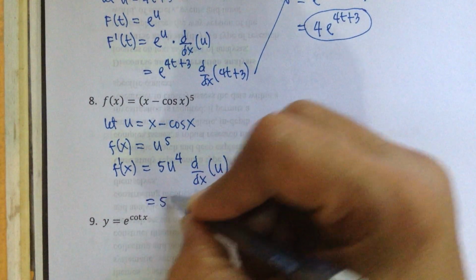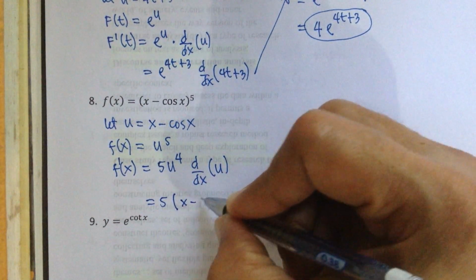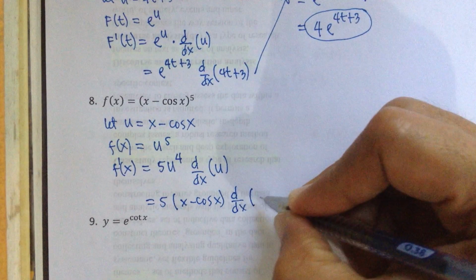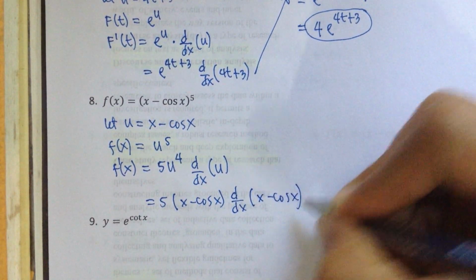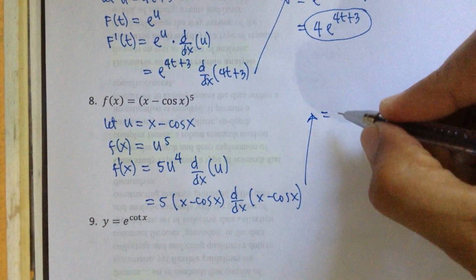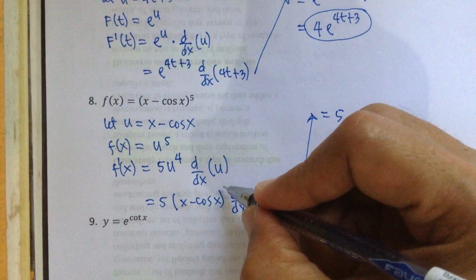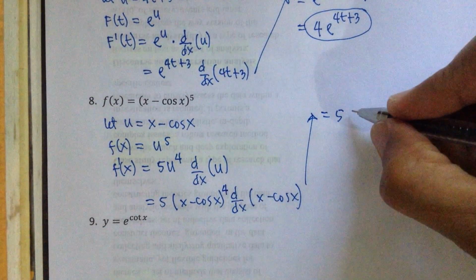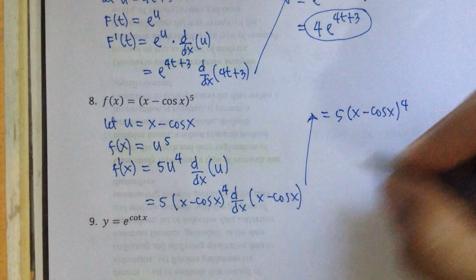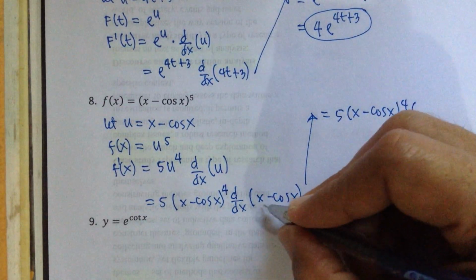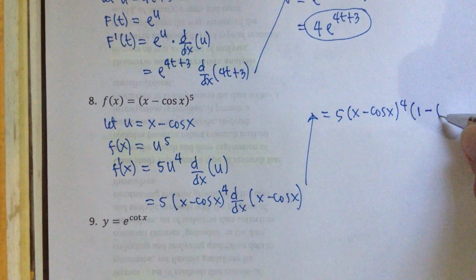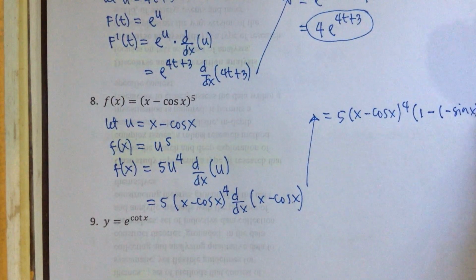So we can write this as 5. Let's put back the u, (x minus cosine x), times the derivative of your u, which is x minus cosine x. Sorry, I forgot to indicate the exponent here, so you have 5 times (x minus cosine x) raised to 4 times the derivative of x minus cosine x, which is the derivative of x, which is 1, minus the derivative of cosine x, which is negative sine x, right?